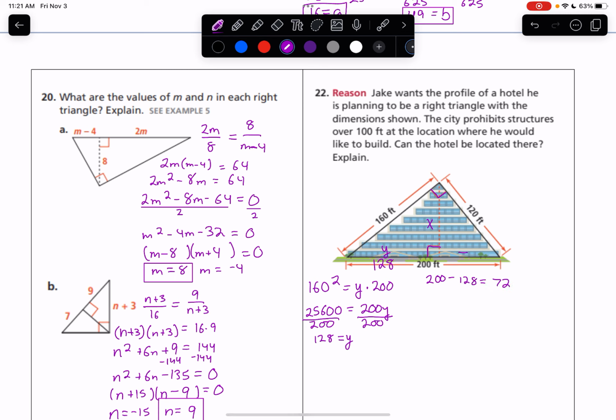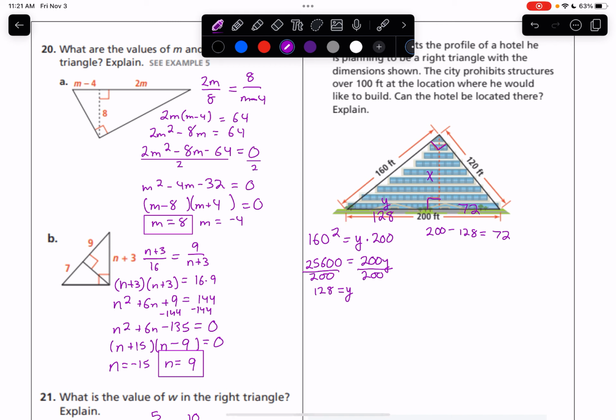Now I know that the altitude in an altitude on the hypotenuse problem is the geometric mean of the two pieces of the hypotenuse. So I can say 128 times 72 is equal to altitude squared. I can solve that. That gives me 9,216 equals x squared.